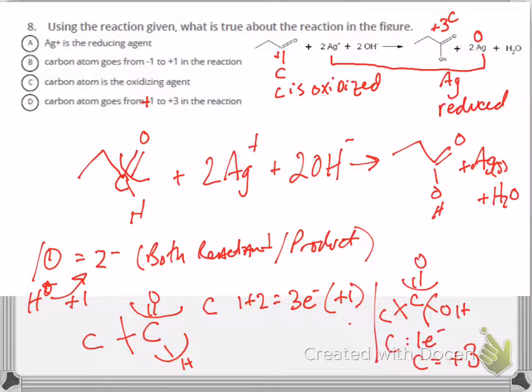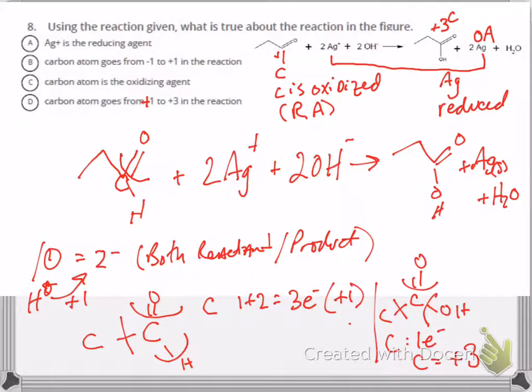Silver is reduced. That means that if silver is reduced, it is the oxidizing agent. It is what is oxidizing carbon, and carbon, as it's oxidizing, is the reducing agent. It is what is pairing with silver to be reduced. Keep in mind that the agents are what cause the other side to react.